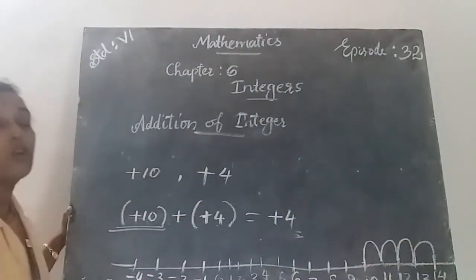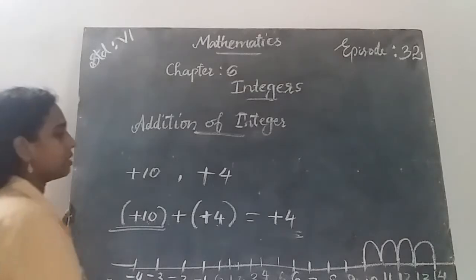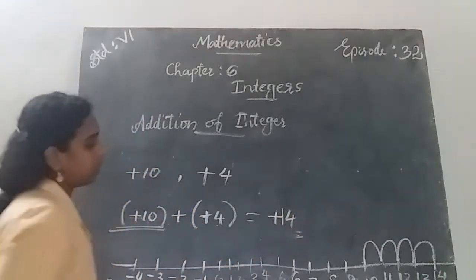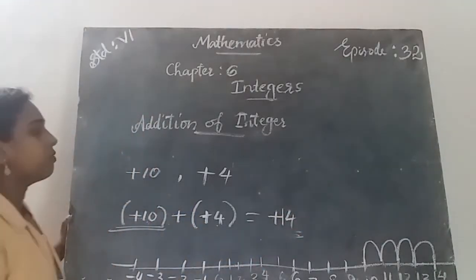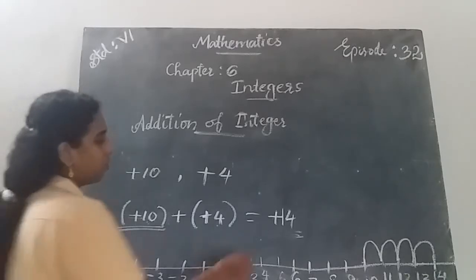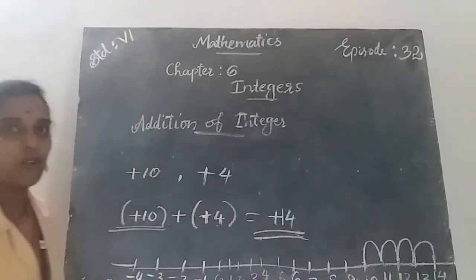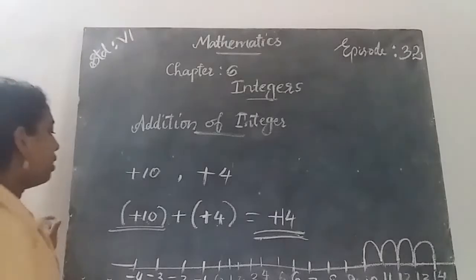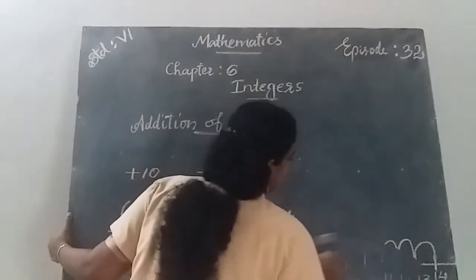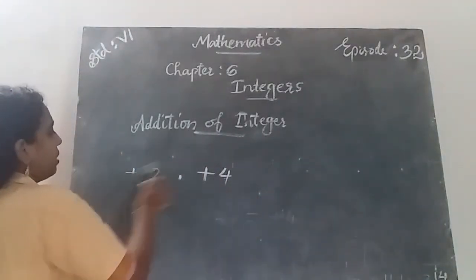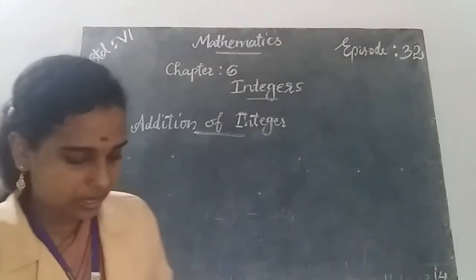Then we reach 14. So the answer is positive 14. When we add any two positive integers, we get a positive integer.